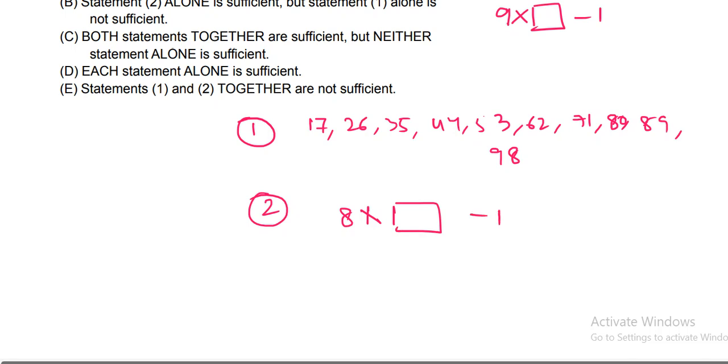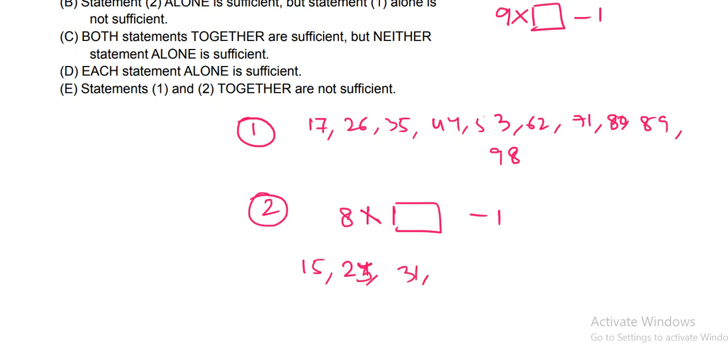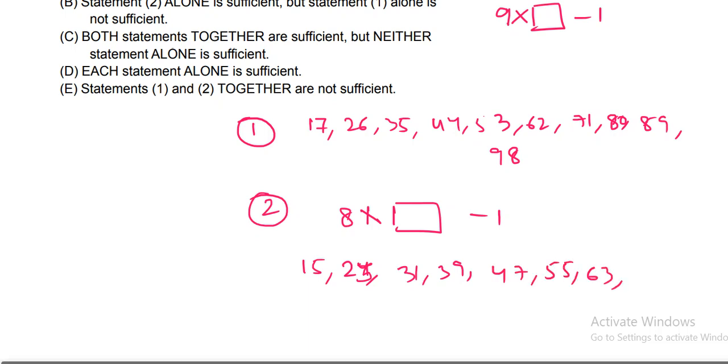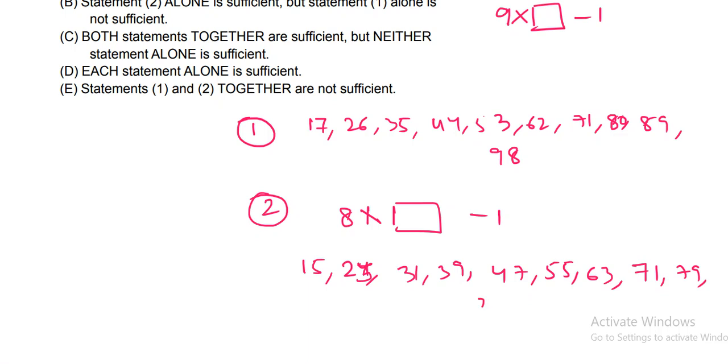The numbers are 16 minus 1, 15, 24 minus 1, 23, 31, 39, 47, 55, 63, 71, 79, 87, 95. After this the number will be 3-digit, so this is the upper bound limit.